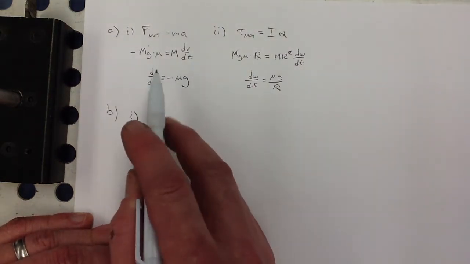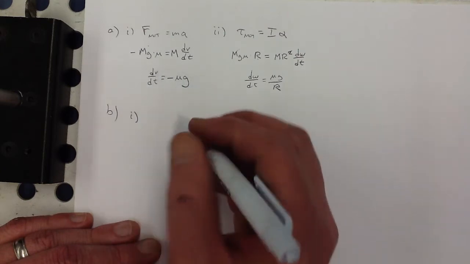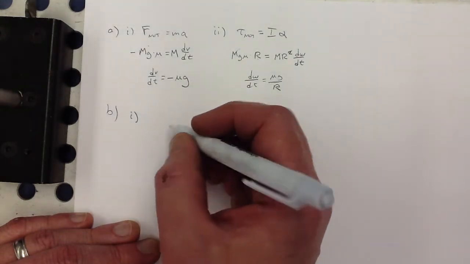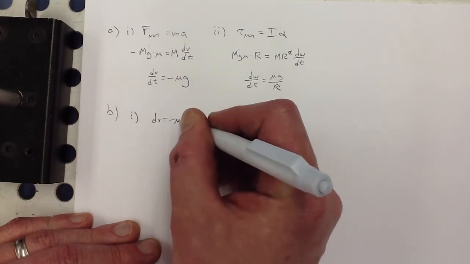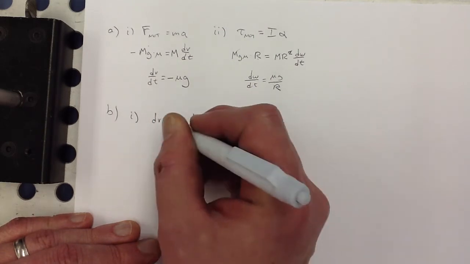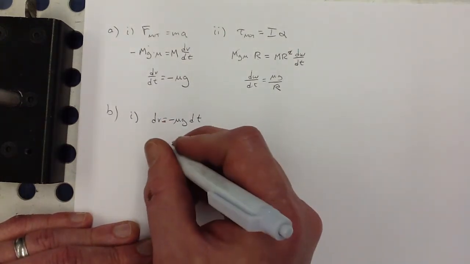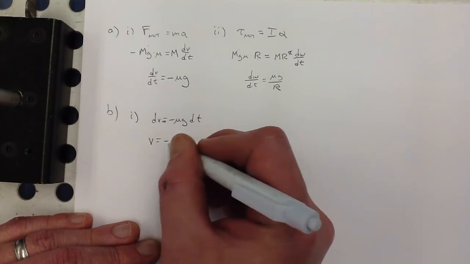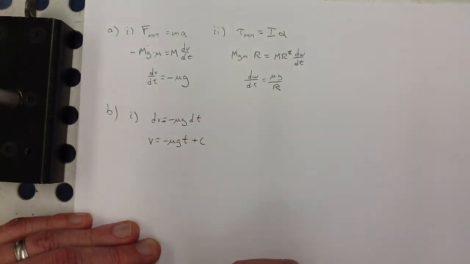If I want v as a function of t, then I need to solve this. So I'll separate my variables. That's going to be dv is equal to minus mu g dt, and that's just a constant, so v is equal to minus mu g t plus c.